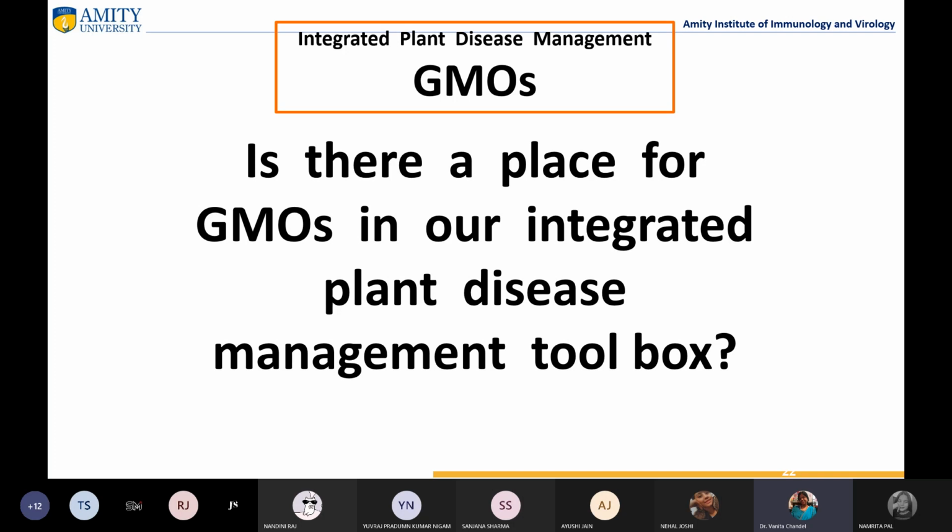Please switch on your cameras and give your attendance. Adish Mishra, present, ma'am. Athoiba, present, ma'am. Ayushi, present, ma'am. Devanshi, present, ma'am.